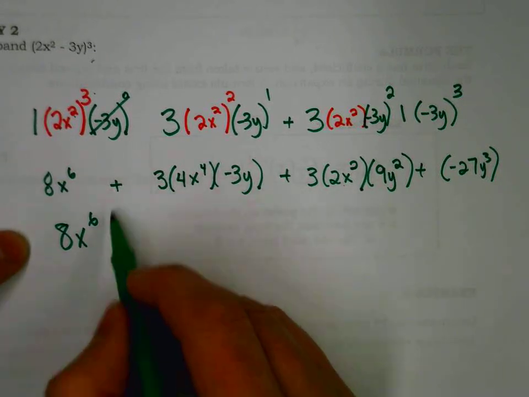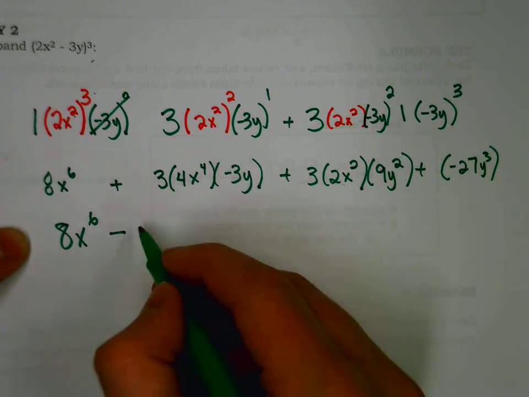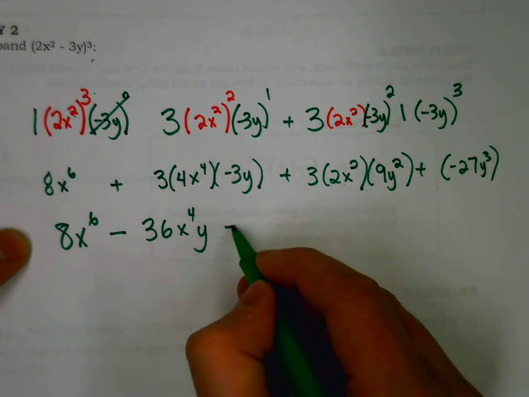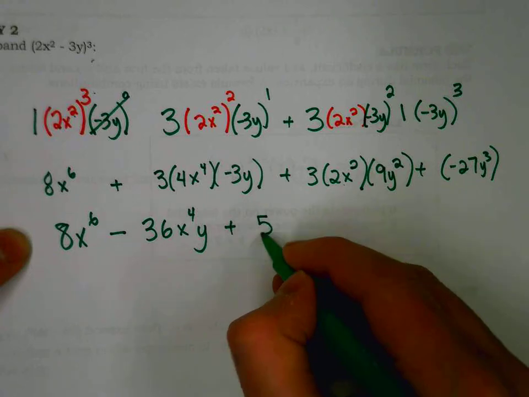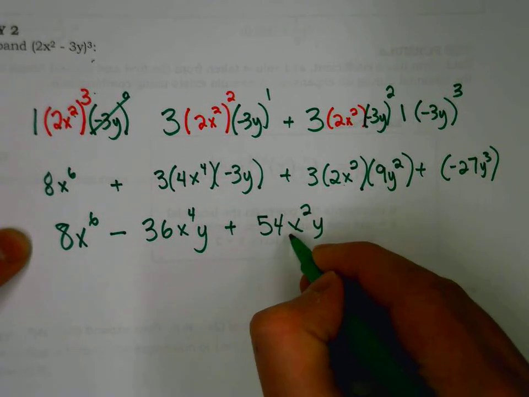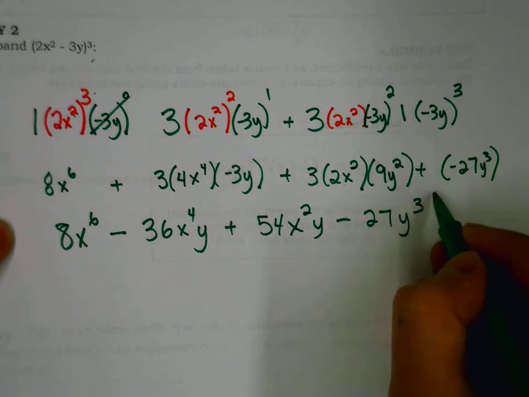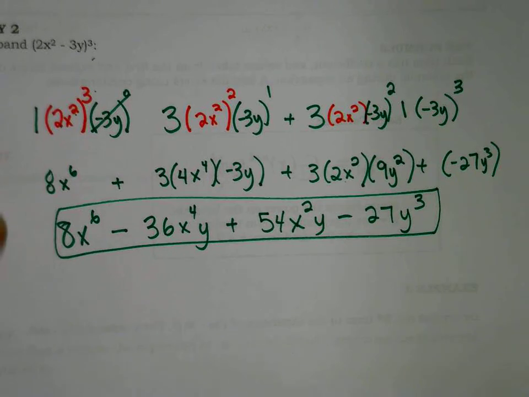There is going to be a subtraction of a 3 times 4, 12 times negative 3, negative 36x to the 4y, plus 3 times 2, 6 times 9, 54x squared y squared, subtracting a 27y cubed as a final expansion of 2x squared minus 3y cubed.